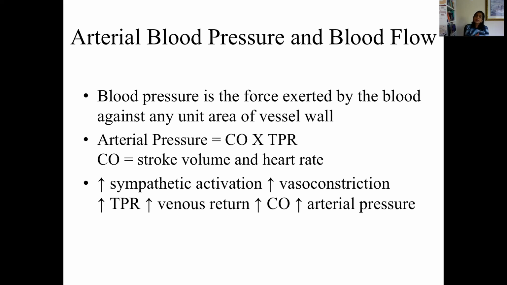All right, it depends on a couple of factors. These are the two critical components that we need to relate to arterial blood pressure. Cardiac output is one, that is the amount of blood released by the heart in 1 minute. And then TPR stands for total peripheral resistance.